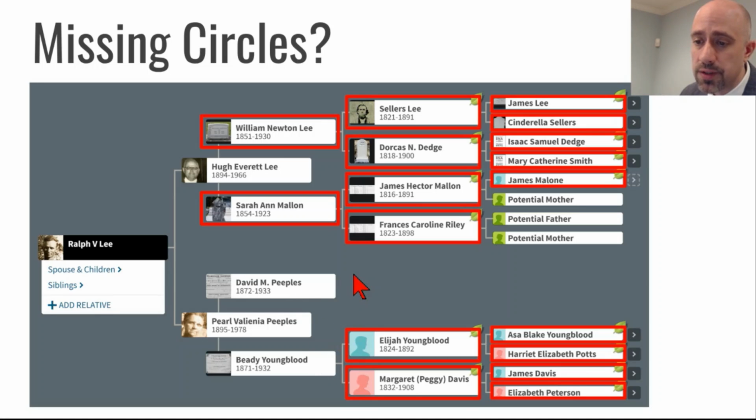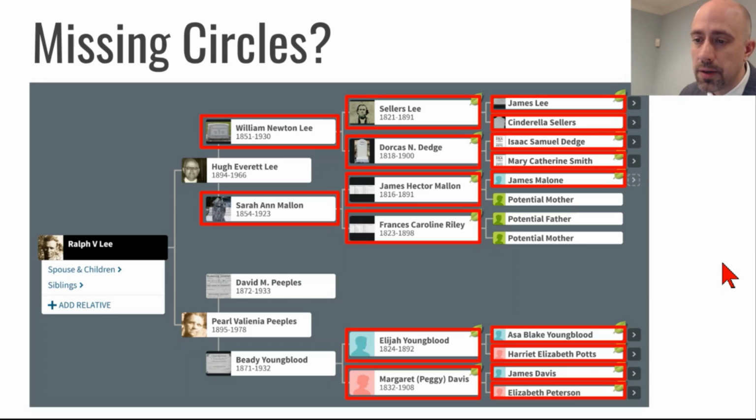So because of some differences in birth and death years, it appears that the algorithms at Ancestry have decided that these people are not the same people, but they are. So my David Peoples is the same David Peoples that my second and third cousins have in their tree, but the computer algorithms at Ancestry don't recognize that.